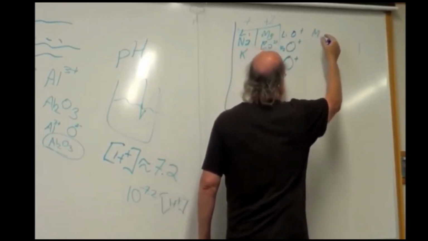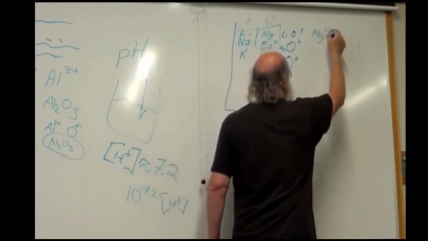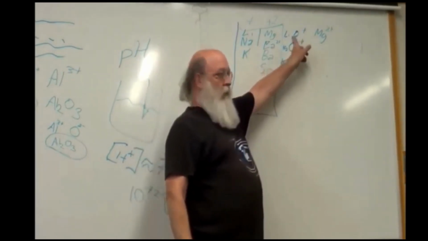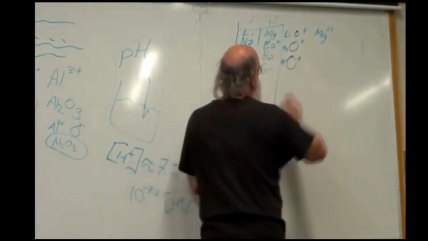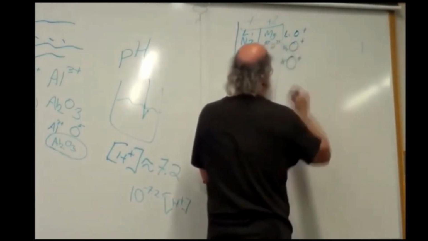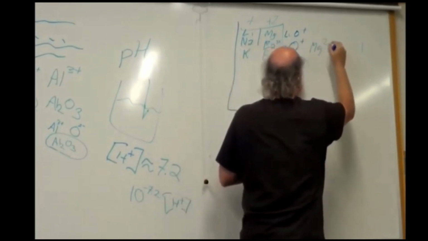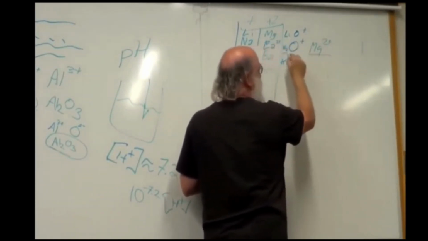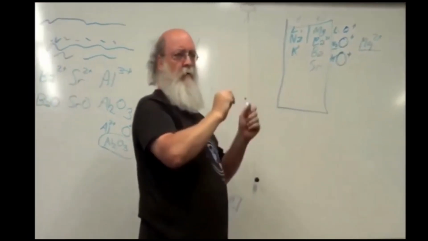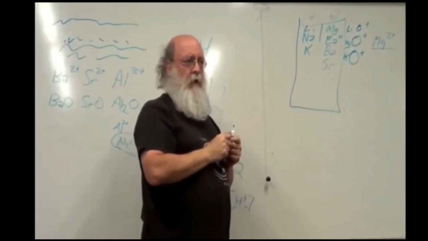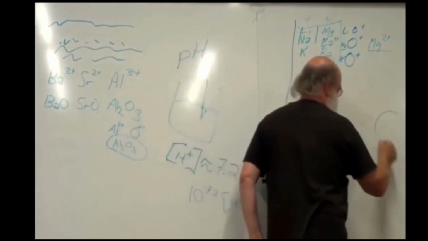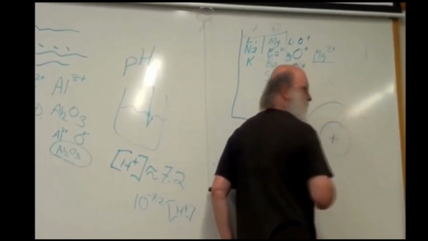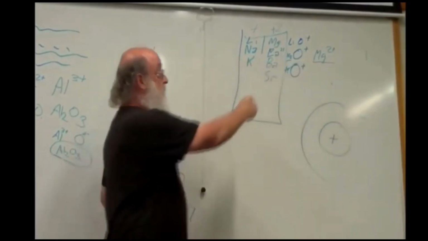Magnesium with a 2+ charge is actually a little smaller. Magnesium's on the wrong row, because it's actually supposed to be on sodium's row, but with its 2+ charge it is a smaller ion than sodium. You've got positive charges in the middle and electrons, negative charges, around the outside.